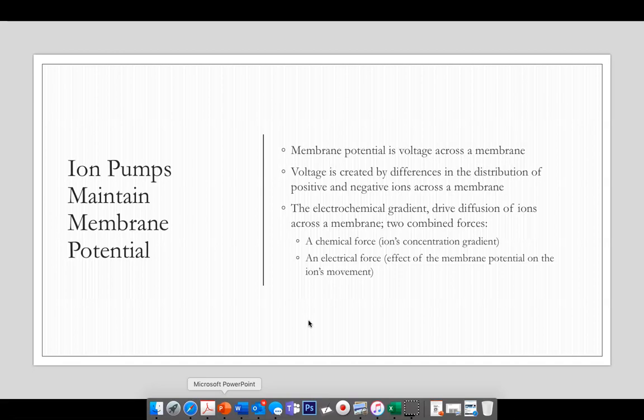Well, the chemical gradient, again, is the concentration of the ions. So cations versus anions, that's the totality. What's the concentration on the inside of the cell versus the concentration on the outside of the cell? And then the electrical gradient is going to be determined by the force that's created as those ions cross from one side of that membrane to the other.